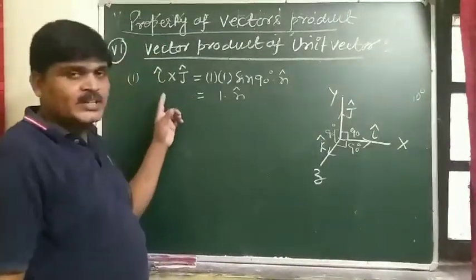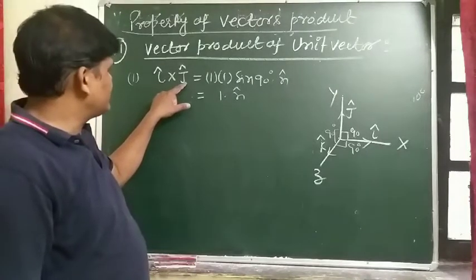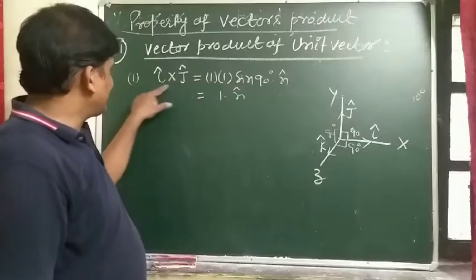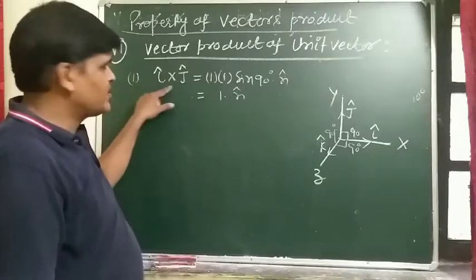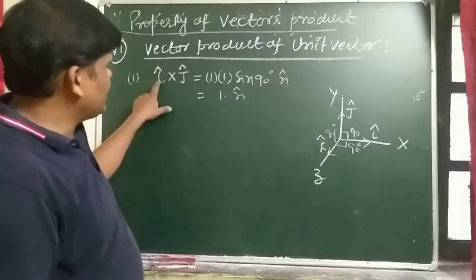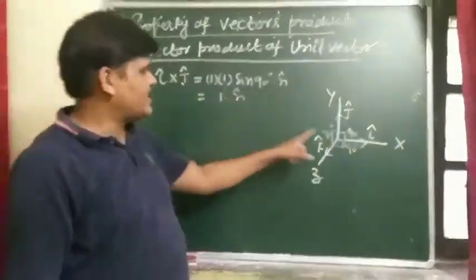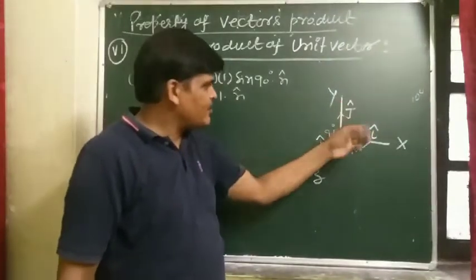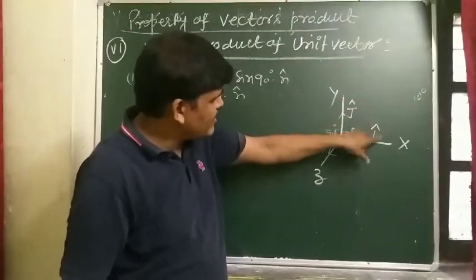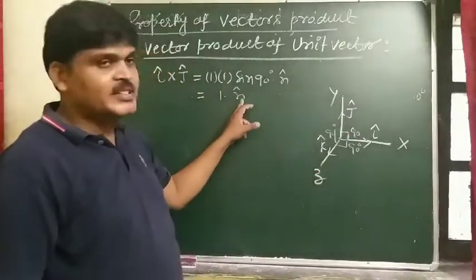So here the first vector is unit vector i, the second vector is unit vector j, and perpendicular to these two unit vectors is what? Unit vector i is along the x axis, unit vector j is along the y axis, and perpendicular to the plane of x and y is towards the z axis.